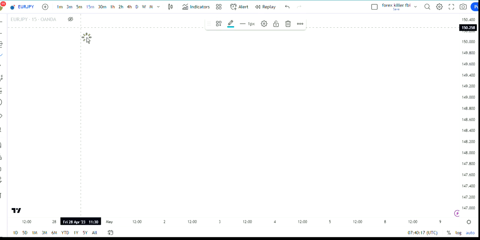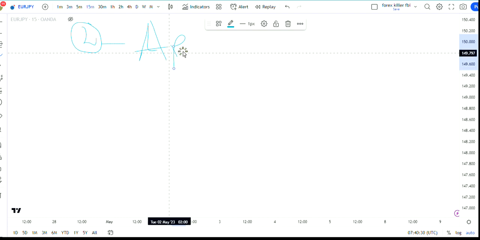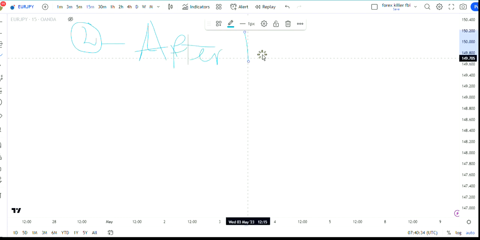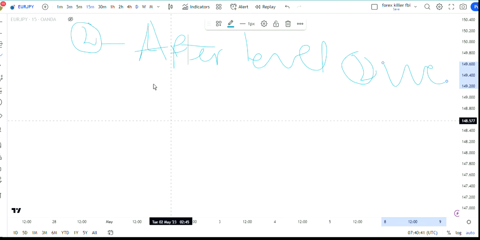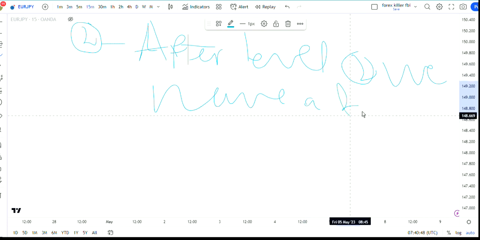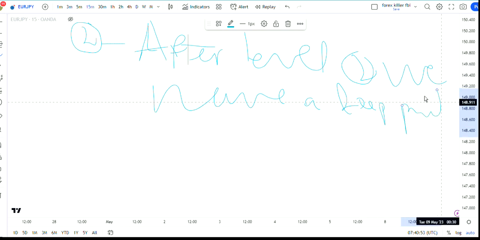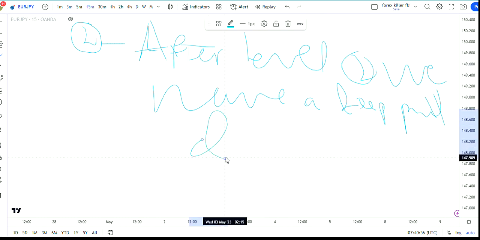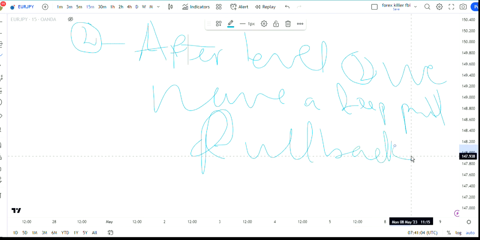The second thing you have to note here is that after the formation of level 2, we have a deep pullback. Yes, a deep pullback right here.